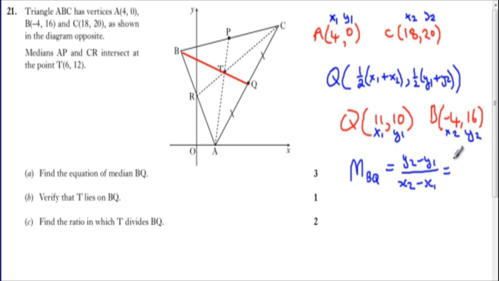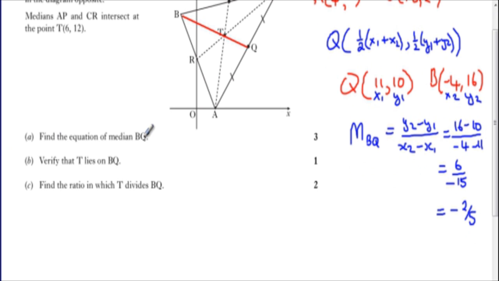So that's 16 minus 10 divided by minus 4 minus 11. So that's 6 over negative 15. We can cancel this down by dividing by 3, and that will give us negative 2/5.